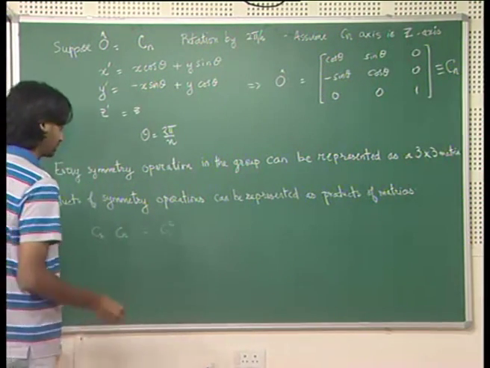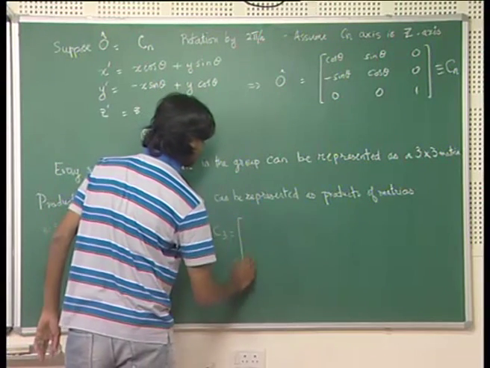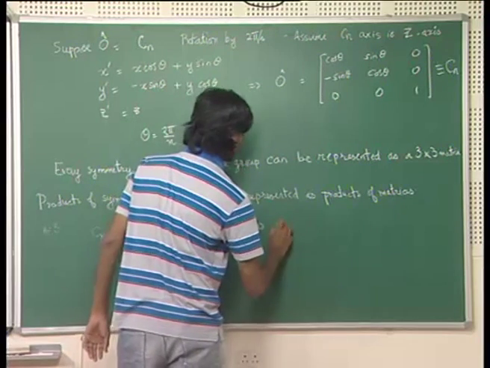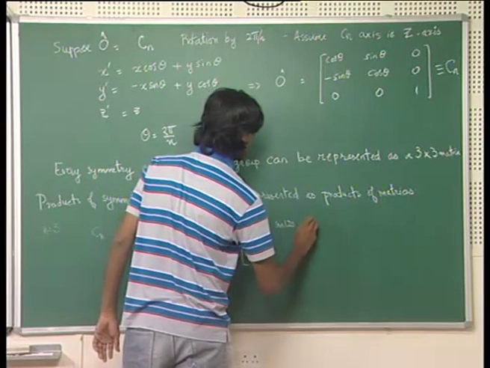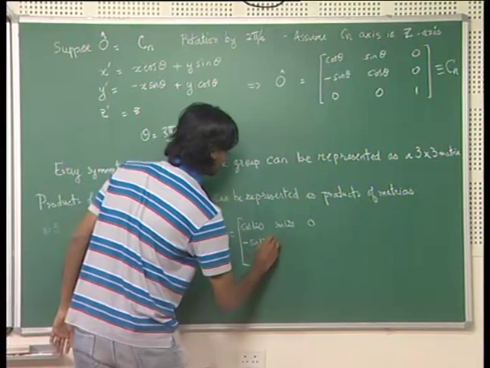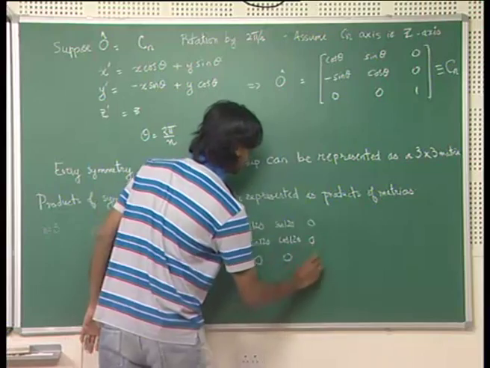So, you start with C 3, which is cos 120, sin 120, 0; minus sin 120, cos 120, 0; 0, 0, 1.